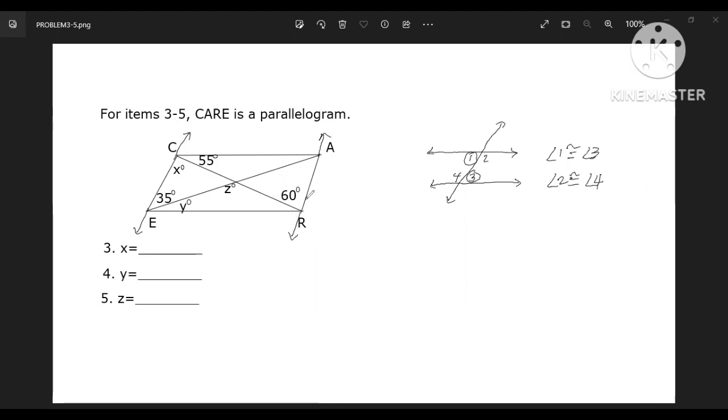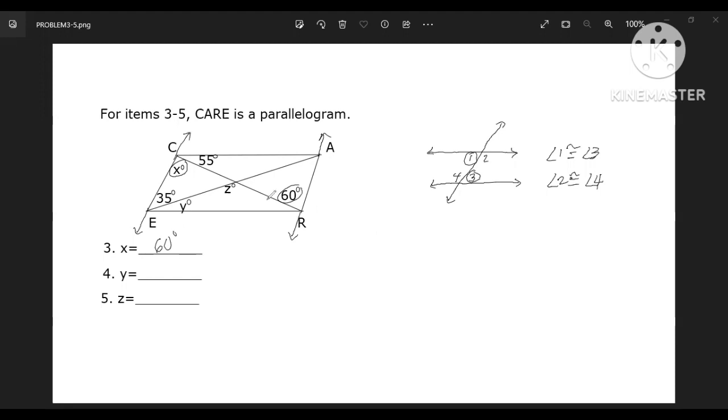So yung mga diagonals natin nag-serve as transversals, no? But I will choose the diagonal CR as transversal. Why? Kasi here we have formed two alternate interior angles, X and 60. So if ARC is 60, then X must be 60. Diba? Congruent sila eh. Okay?